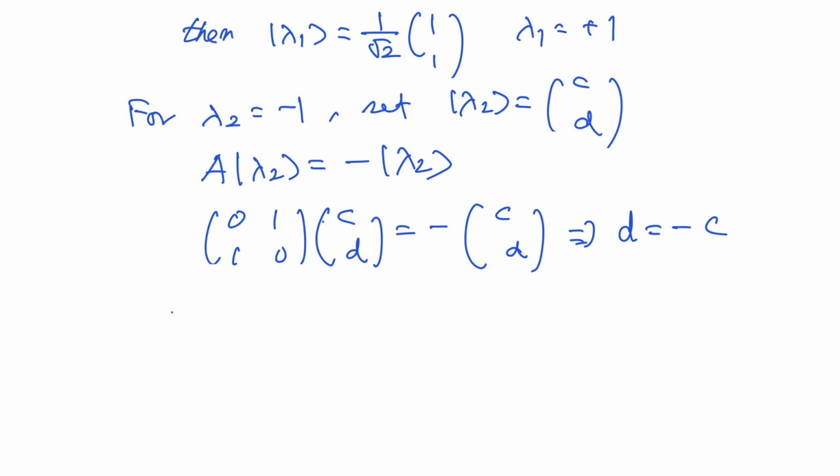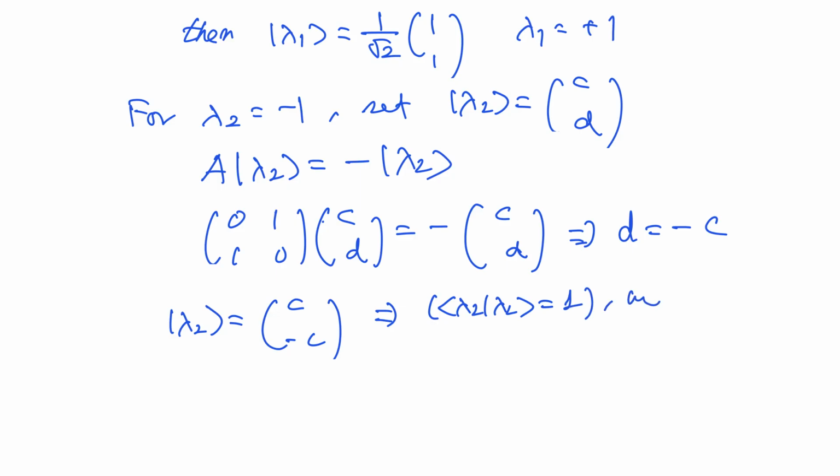So |λ2⟩ is (c, −c). And if we require ⟨λ2|λ2⟩ equal to 1, we can set c as 1 over square root of 2.